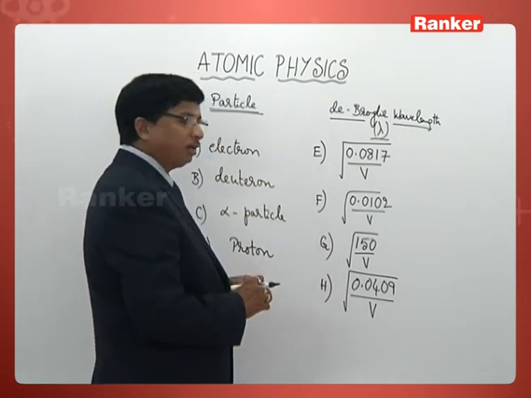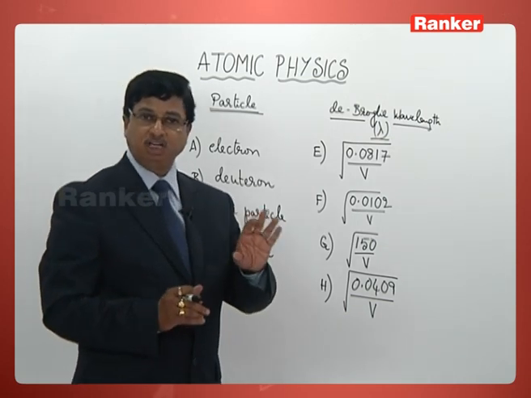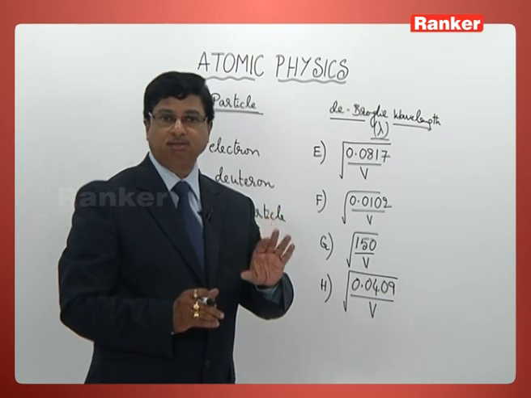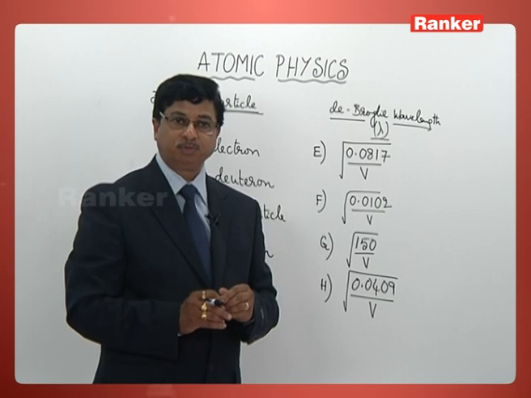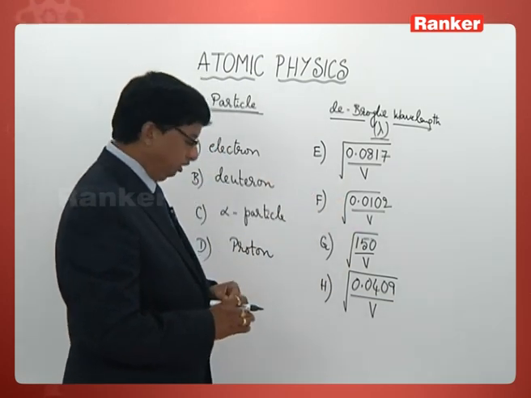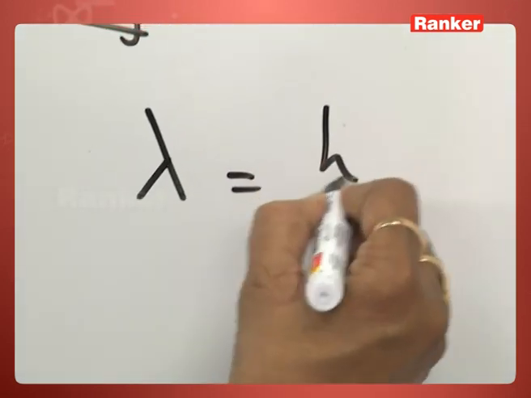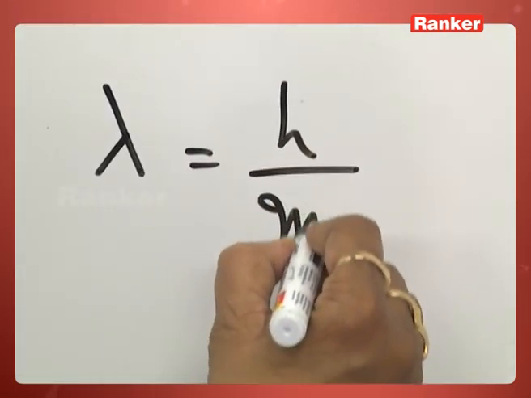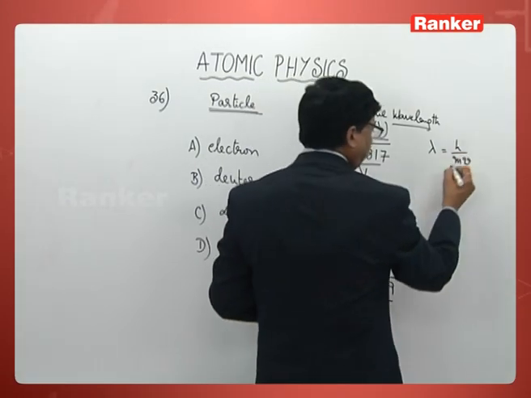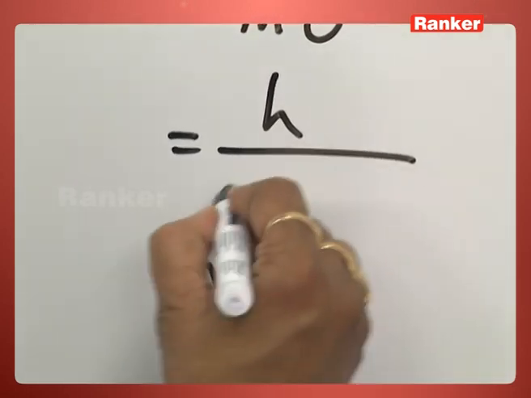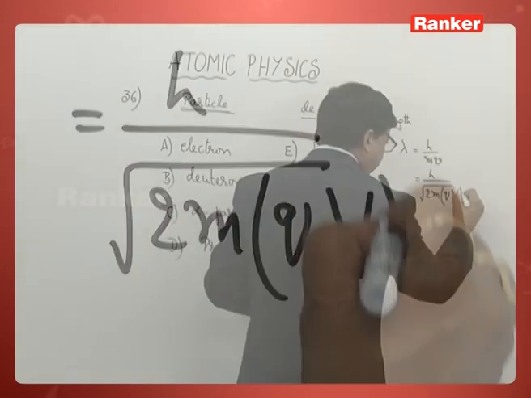No doubt you all can calculate them. That's not a big task. But you will not have time to waste in the final examination if you know these values directly. So what exactly you have to remember in general is de Broglie wavelength lambda is equal to h by mv, which of course we can rewrite as h by under root 2m into qV.